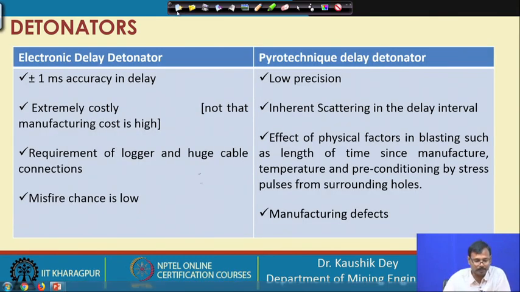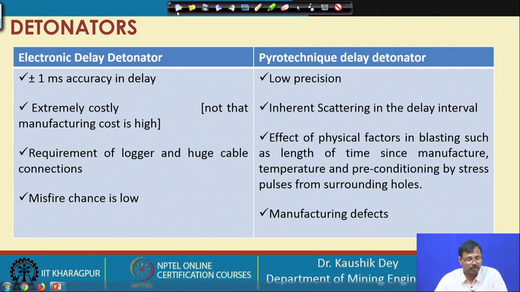So, that much benefit is observed in this case. Now let us have a quick comparison of the electronic delay detonator and the pyrotechnic delay detonator. In electronic delay we have plus minus 1 millisecond accuracy, but pyrotechnic delay is very low precision. We will see the deviation of the pyrotechnic delay in the next slide, but electronic delay is a little bit costly.